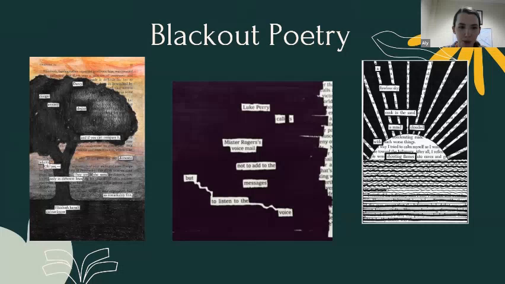Here we go. It's so pretty. Yeah, blackout poetry. This is a little bit different. Like we were saying, there's more dialogue with the original text here because you can see it. If you know it, you might be able to pick out where it came from, and so you know a bit of the backstory, a bit of what it used to be. The tree illustration actually comes from Pride and Prejudice.